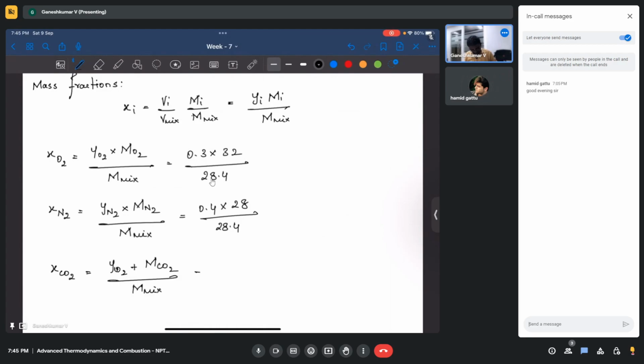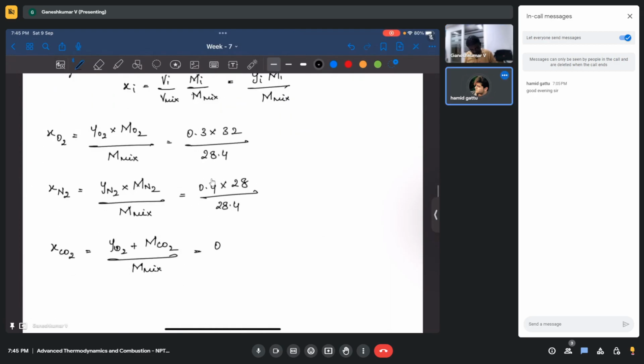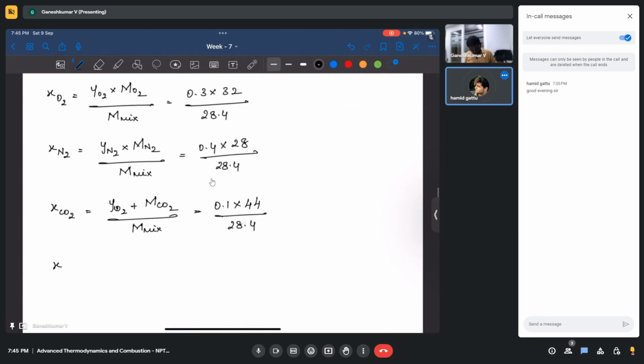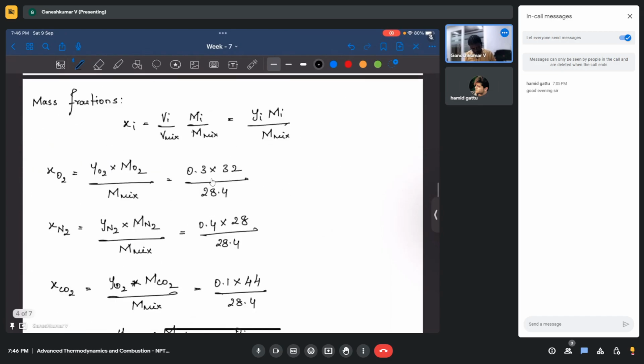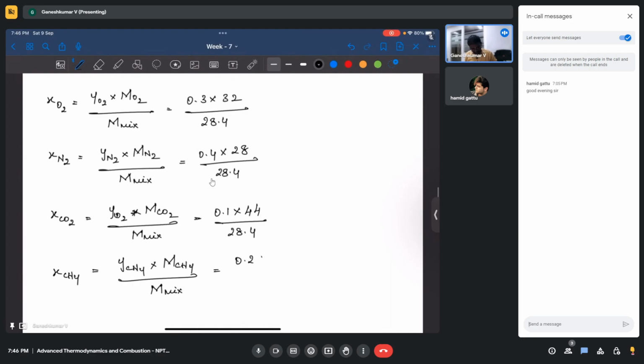For CO2, 44 divided by M mixture. For CH4, YCH4 is 0.2, times MCH4 divided by the molecular weight of the mixture, so 0.2 times 16 divided by 28.4.